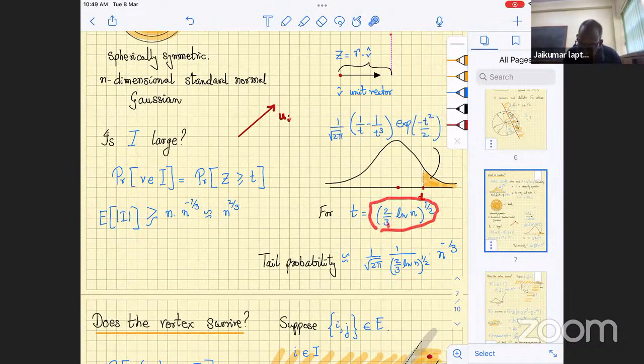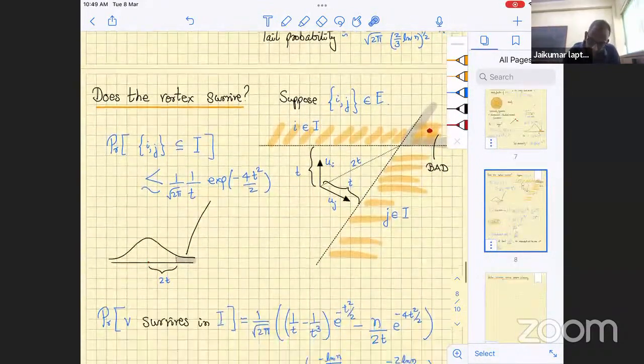T squared will be 2/3 log n. E to the power minus 2/3 log n. Oh, there's a 2. So that 2 cancels this 2, and you get e to the power minus 1/3 log n. And that e to the power minus 1/3 log n becomes n to the minus 1/3. The rest you get from here, but these are minor factors.